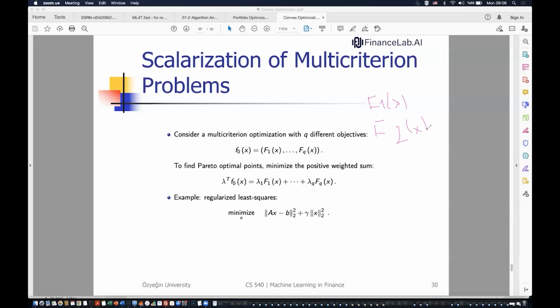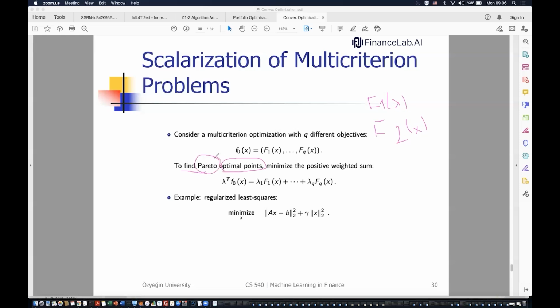Similarly, there will be solutions that are optimal in terms of F2(x), but not optimal in terms of the other objective functions. The resulting solutions, instead of a single optimal objective value, define a set of optimal points. These are called Pareto optimal points.